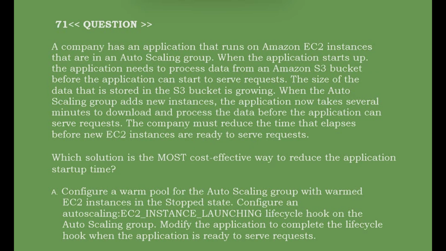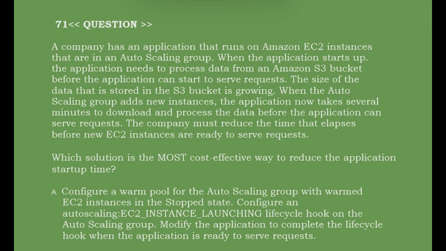Question is, a company has an application that runs on Amazon EC2 instances that are in an Auto Scaling group. When the application starts up, the application needs to process data from an Amazon S3 bucket before the application can start to serve requests. The size of the data that is stored in the S3 bucket is growing.